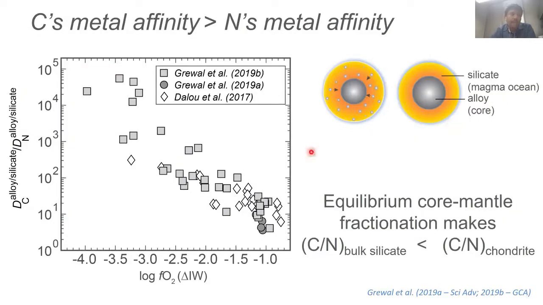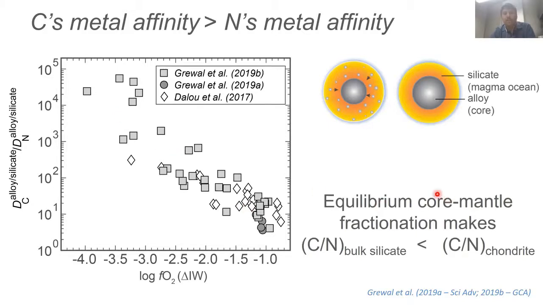What that means is, if you play the same game as we played with partitioning of carbon relative to sulfur, and plot now partitioning of carbon relative to nitrogen, this D_C over D_N ratio, you can see that under all oxygen fugacity conditions that are potentially relevant for magma ocean differentiation and metal separation from the silicates, carbon is acting in a more siderophile manner than nitrogen.